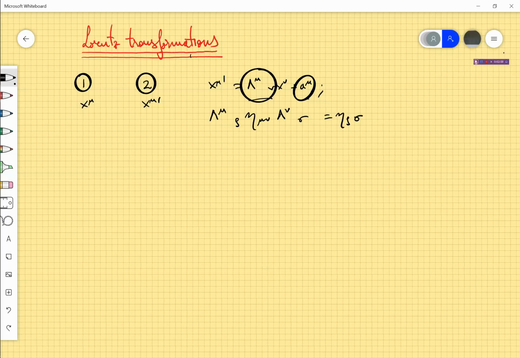So we are going to identify the components of Λ^μ_ν for a Lorentz boost.